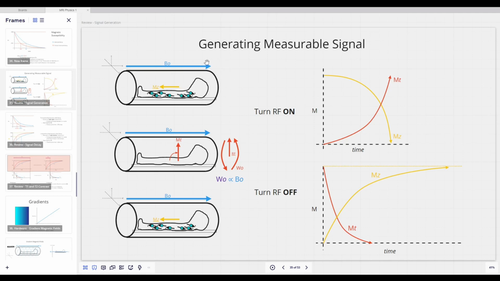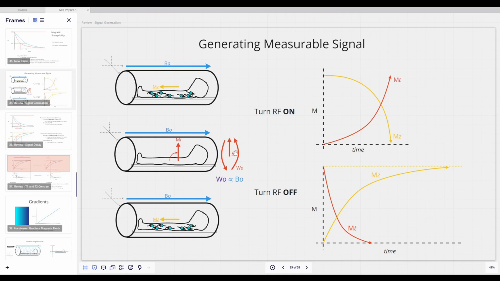And we said that, well, this is great, but we can't measure it directly because it's in the plane of this much, much larger field. There's no way we'd ever be able to detect the tiny vector that we've induced here. So we have to get it into the transverse plane. And so we said to do that, we're going to apply our RF pulse on the side here, in a perpendicular direction to the resting magnetic field.